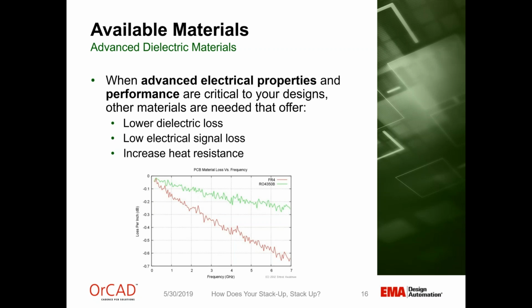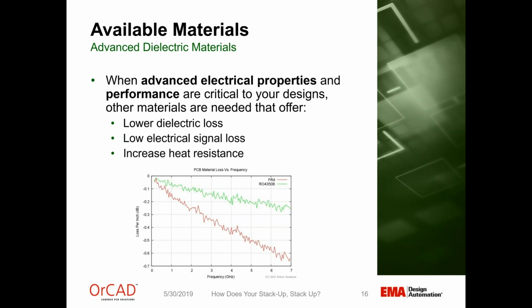Different dielectric materials matter when you're talking high speed. When you have high-speed traces, you want to make sure your losses are minimal. You don't want to lose your signal quality as you pass your signal from one location to another on your board, and you might want to consider using other dielectrics in this case.